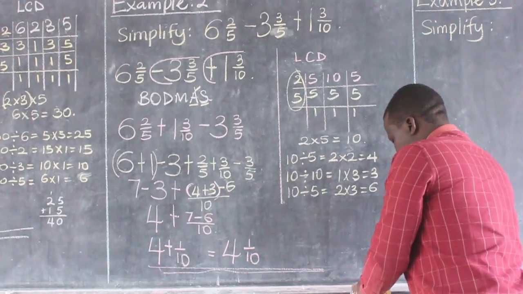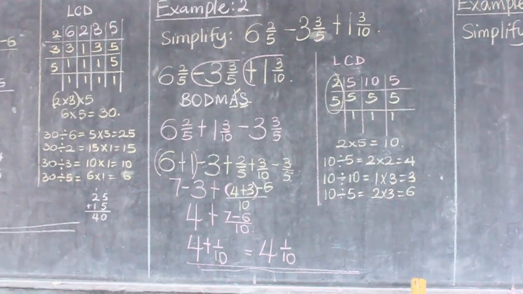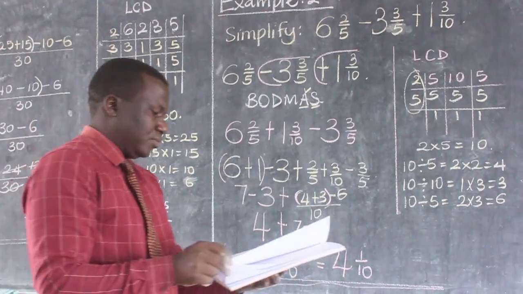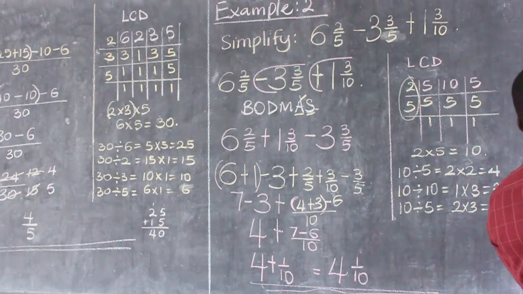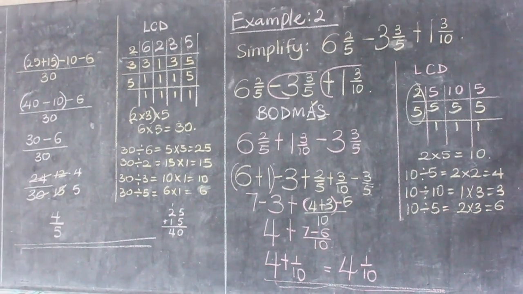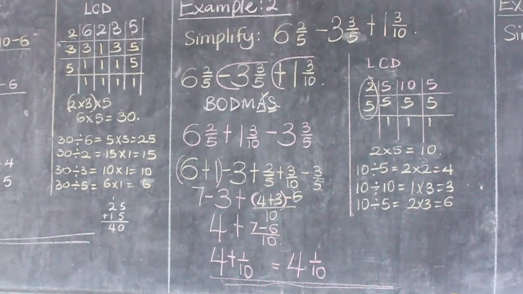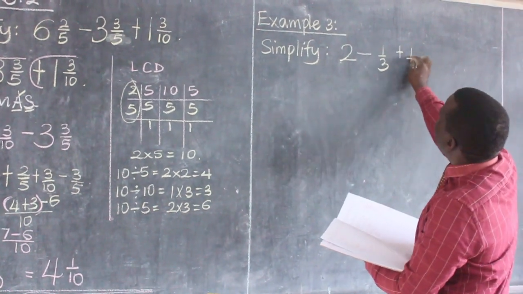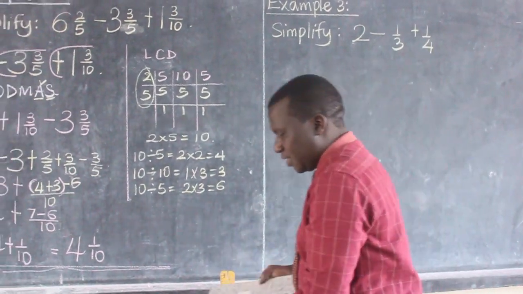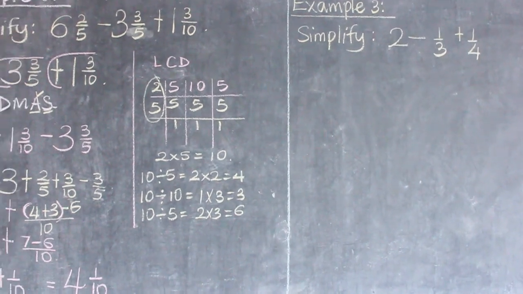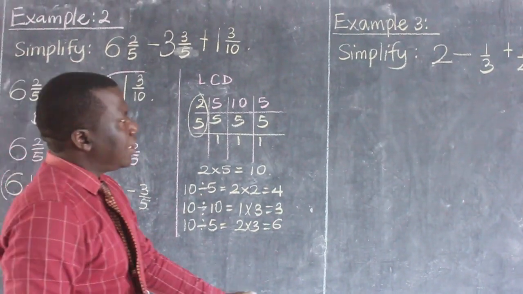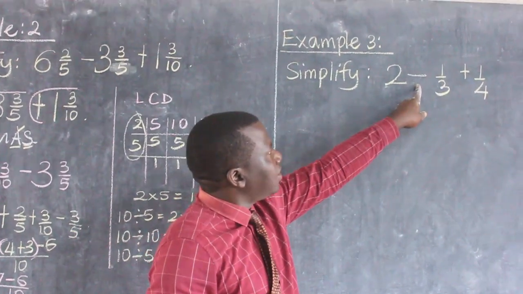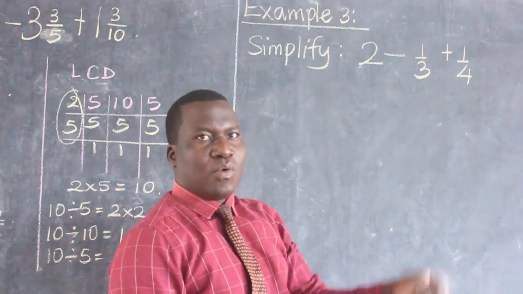In our example 3, it says simplify 2 minus a third plus a quarter.